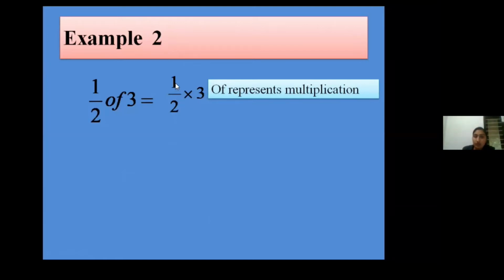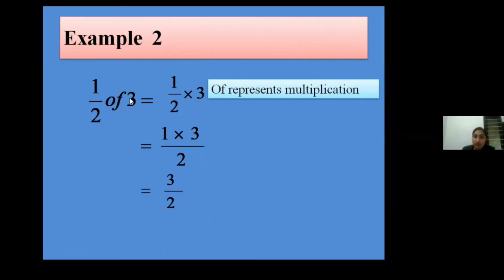So that is 1 into 3, and rewrite the denominator 2. That is 1 into 3 by 2. 1 into 3 is 3. So the answer is 3 by 2.